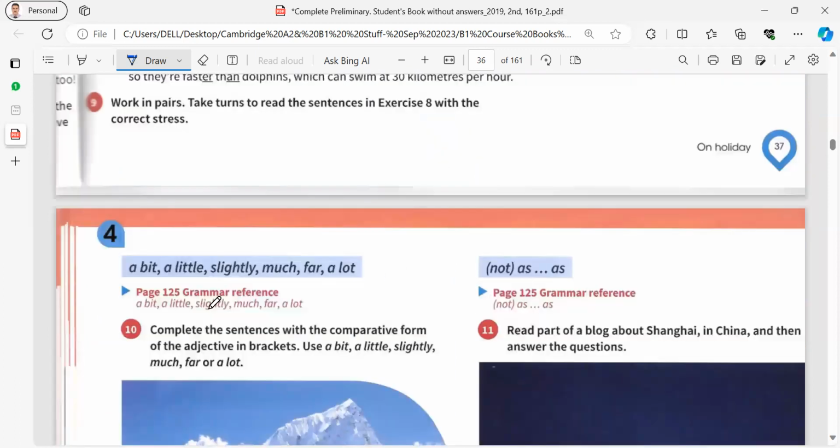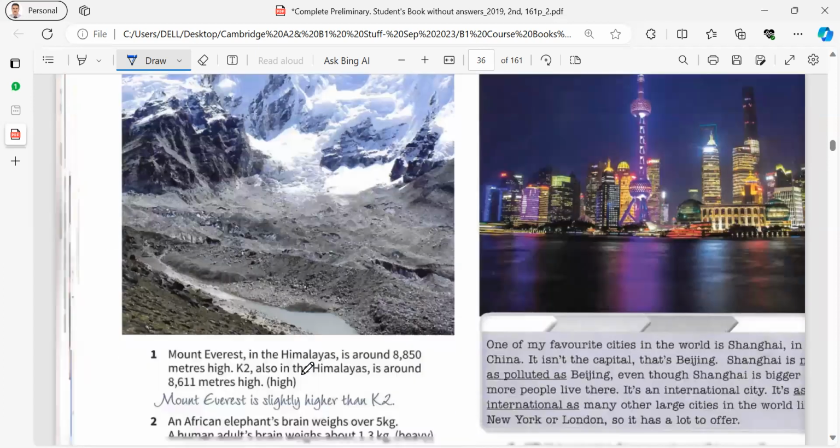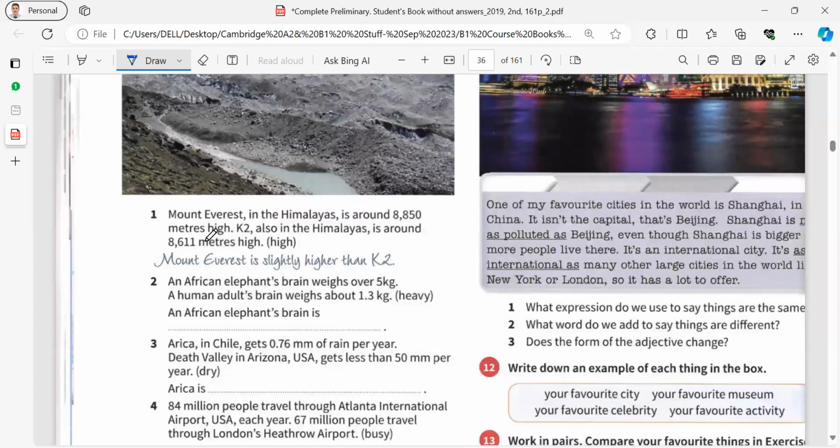Complete the sentences with the comparative form of the adjective in brackets. Use a bit, a little, slightly, much, far, a lot. The first one is done for you. Can you read it, please?